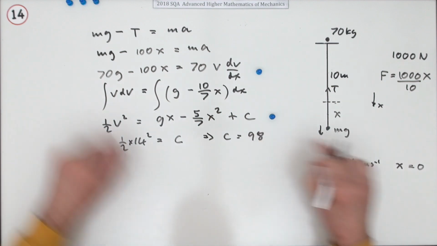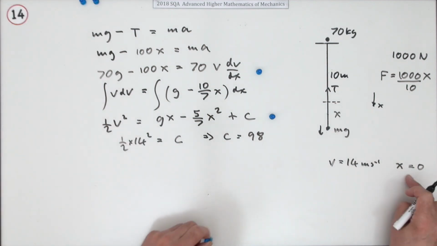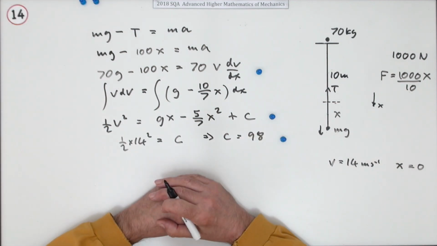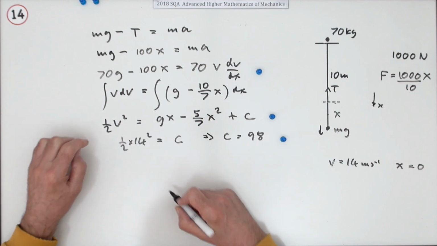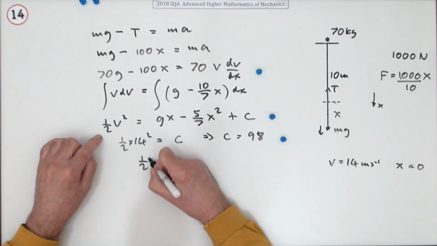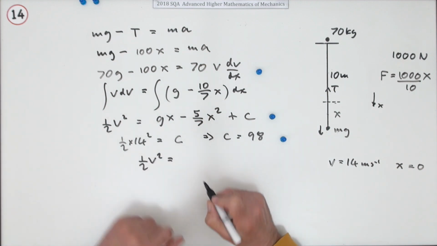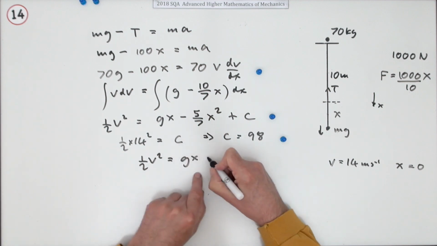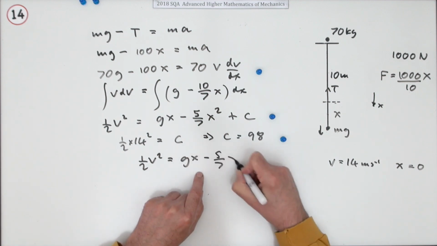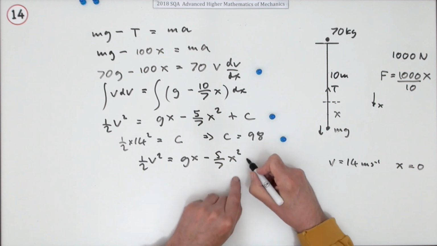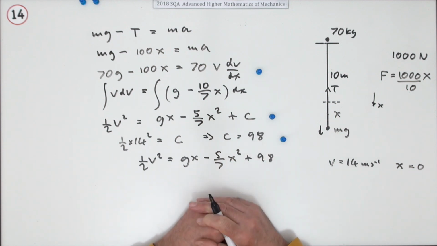There you go. Now there was a mark for getting that pairing and finding the constant. Now you can put it all back, and you've got a half v squared equals, I'll just leave it as gx minus 5/7 of x squared plus 98.